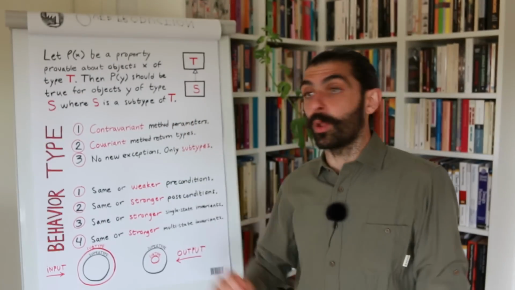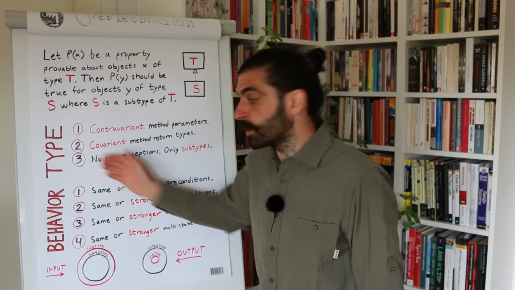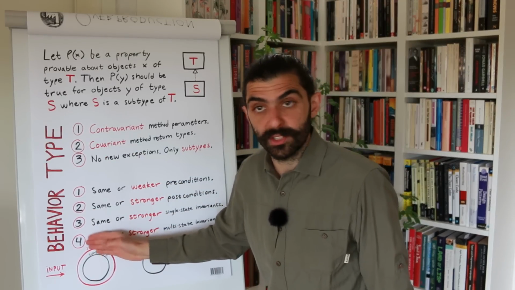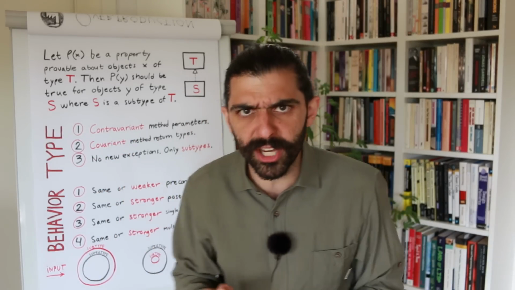So in conclusion, the Liskov Substitution Principle consists of 3 type rules and 4 behavioral rules. The 3 type rules can be checked by compilers, by type checkers, but the 4 behavioral rules have to be respected by us as developers. So Liskov Substitution Principle is not at all a purely theoretical exercise, but has very practical implications for our code.